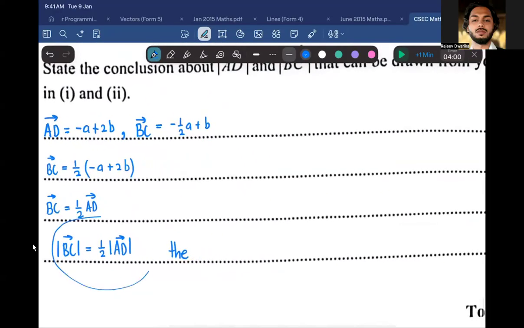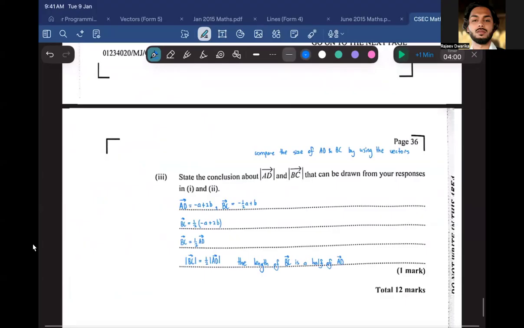This is fine: the length of BC is a half of AD. Easy? Tell me what you think. Yeah, that was easy. Okay, nice.